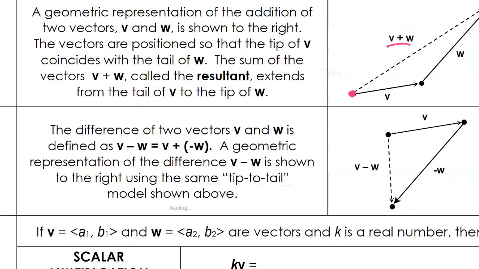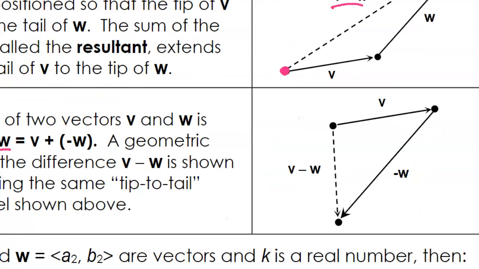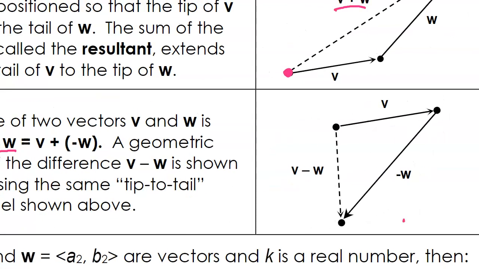Then, if we're subtracting, it works the same except for the second vector. So if we're taking v and we're subtracting vector w, what you're actually doing is adding a negative w. So what they didn't show you in this picture was that w is going in the complete opposite direction, like this.